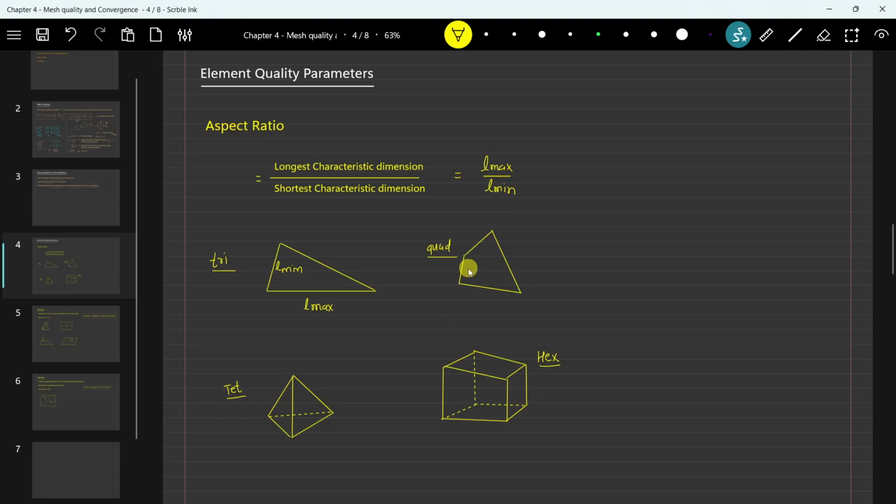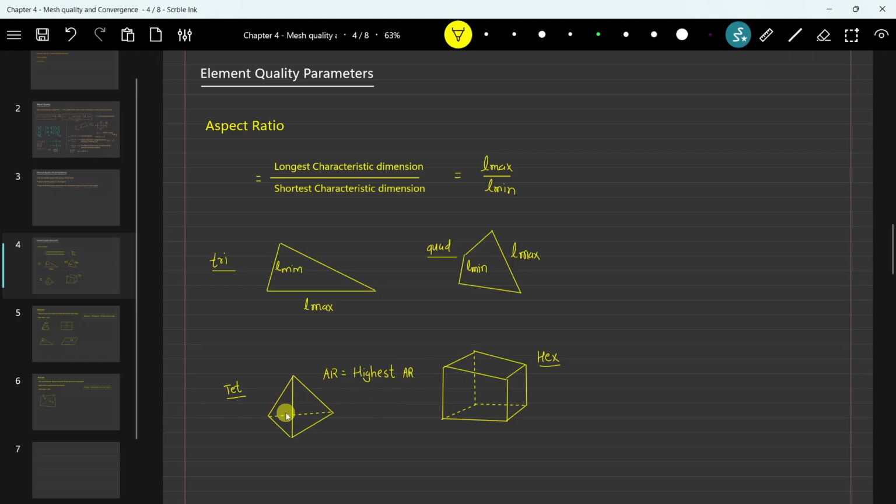Similarly, for a quad element, this could be the minimum element edge length and this could be the maximum. For 3D elements, the tet element has 4 faces, so we need to find the aspect ratio of all 4 faces, and the aspect ratio of a 3D element is the highest among these 4 aspect ratios.